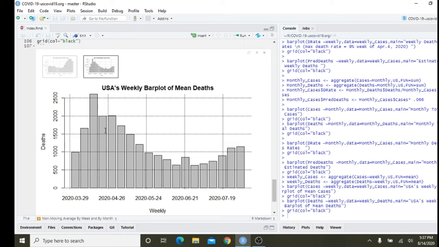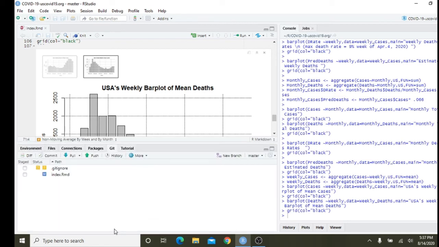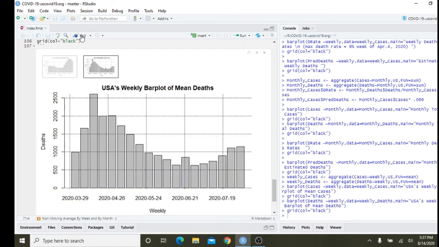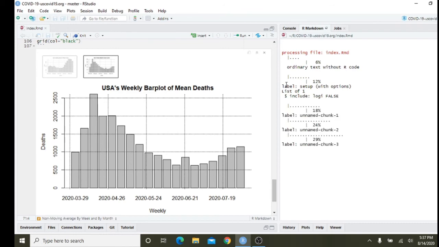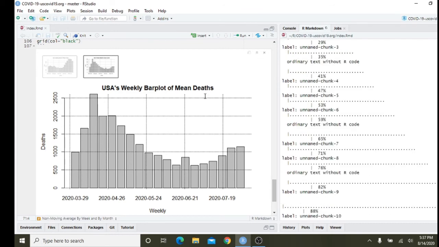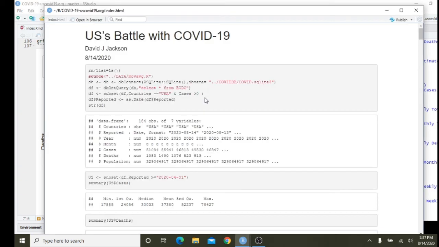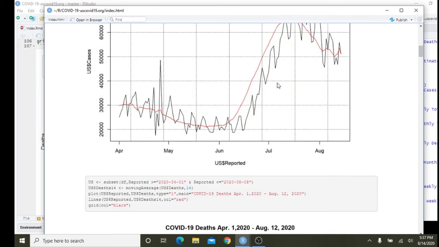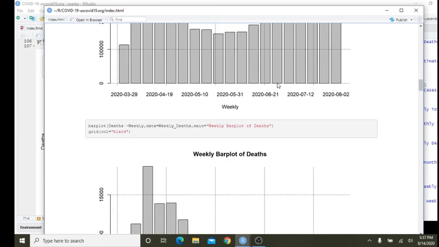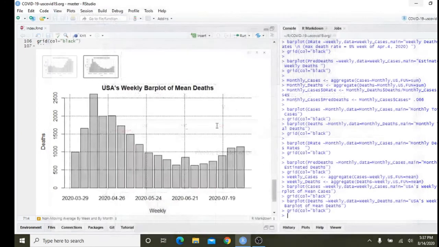So anyway, let's go ahead and publish this to the website. Let's go ahead and run the whole thing, and then publish it to the website. I'm actually using GitHub Pages for my web pages, and there's lots of videos that tell you how to do that on the net. And we've already looked at this, so we don't have to look at that again.